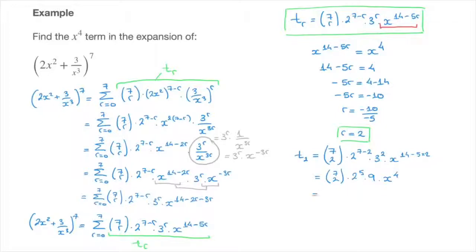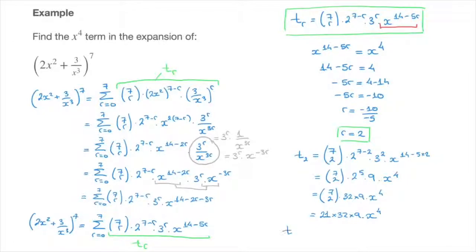That's equal to 7 choose 2 times 2 to the power of 5, which is 32, times 9 times x to the power of 4. We now have to calculate this binomial coefficient, 7 choose 2, and if we have a calculator, we can use it. Alternatively, we could also calculate it by hand. And in doing so, we should find 21. So that's 21 times 32 times 9 times x to the power of 4.